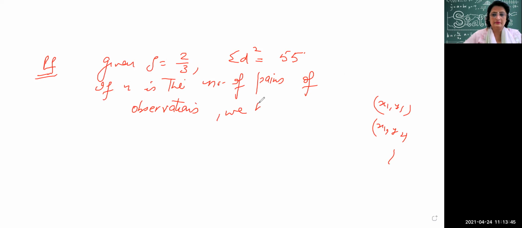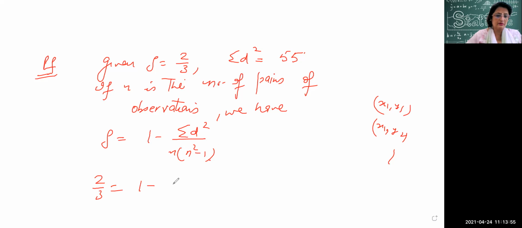We have rho is equal to 1 minus 6 summation of d square upon n into n square minus 1. So you will substitute the values as given above. 2 by 3 is equal to 1 minus 6 into 55 upon n into n square minus 1.